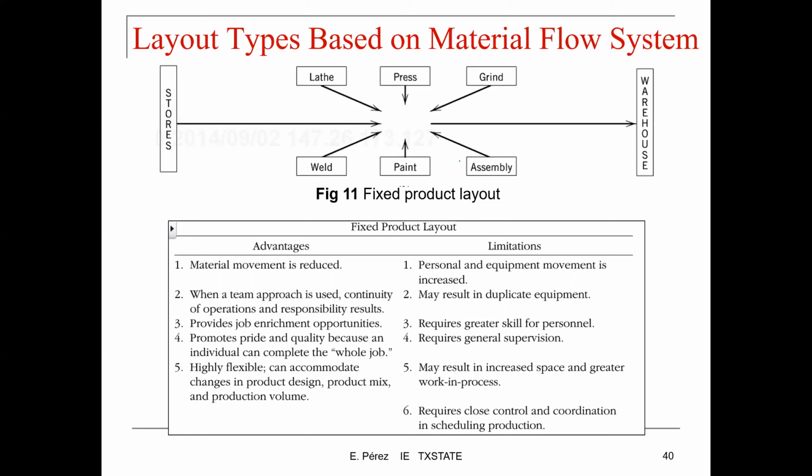When a team approach is used, continuity of operations and responsibility results. Provides job enrichment opportunities because employees need to get familiar with all operations. Promotes pride and quality because an individual can complete the whole job. Highly flexible, can accommodate changes in product design, product mix, and product volume.